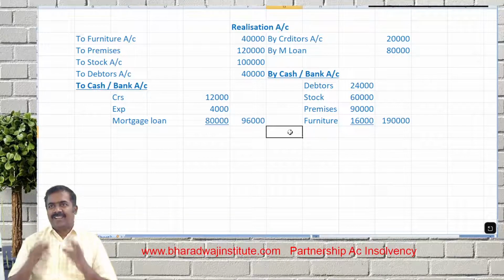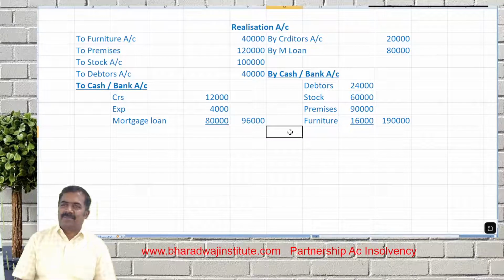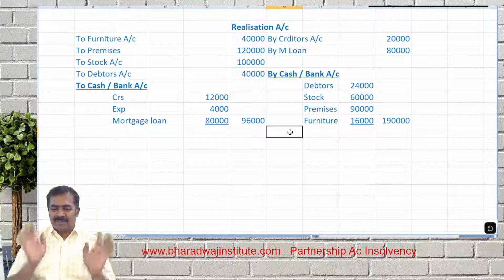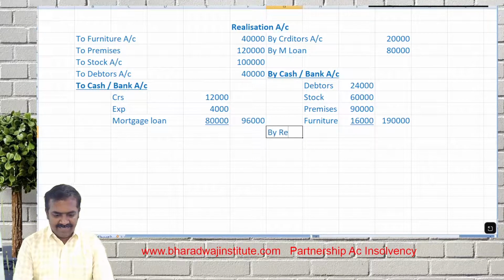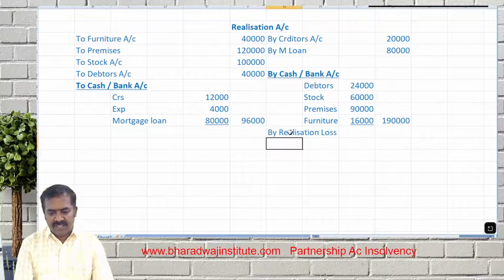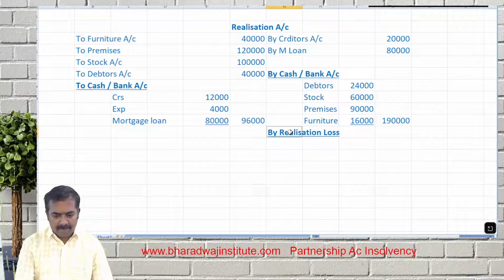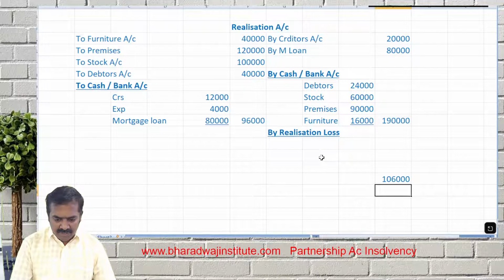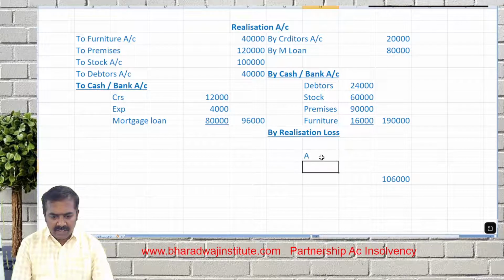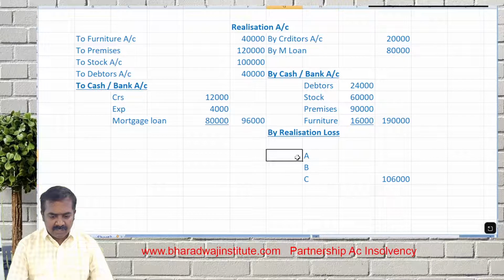அந்த மாதிரி ஏதாவது நம்ம டீட்டெயிலாக திங்க் பண்ணுற மாதிரி டீட்டெயிலாக கொடுத்துருந்தா பண்ணணும், இல்லைன்னா 12,000 பே பண்ணும். What is the realization loss? To be shared amongst A, B, C. In a ratio?